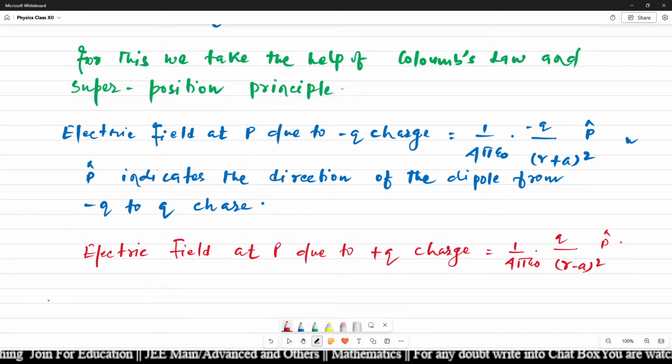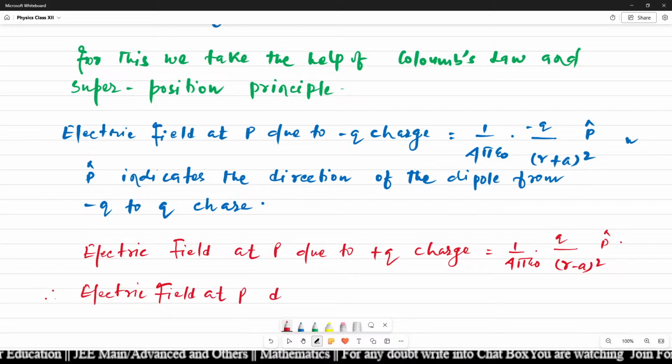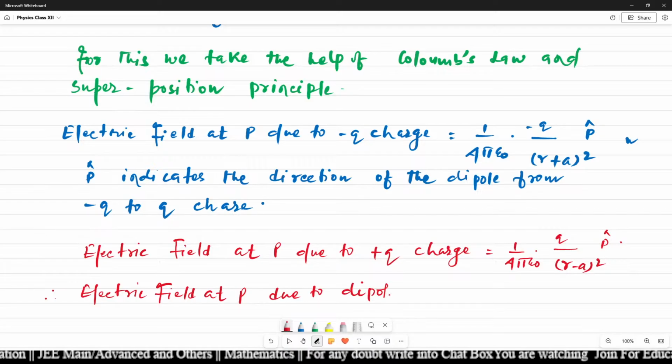So finally we write down here the electric field at P due to dipole equals electric field at P due to minus q charge plus electric field at P due to plus q charge.